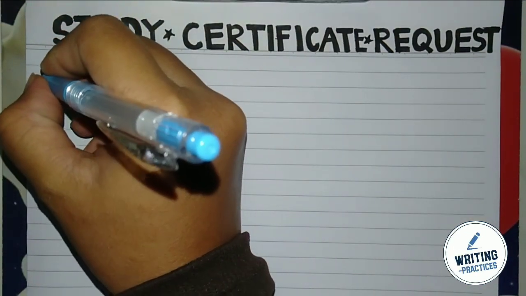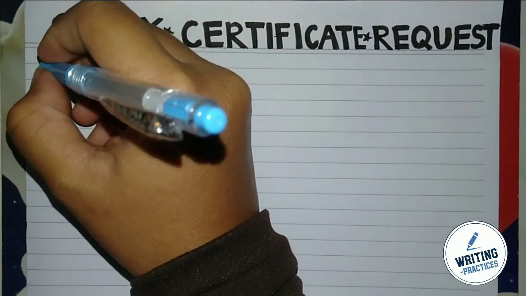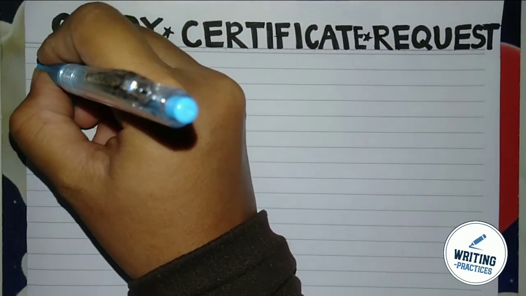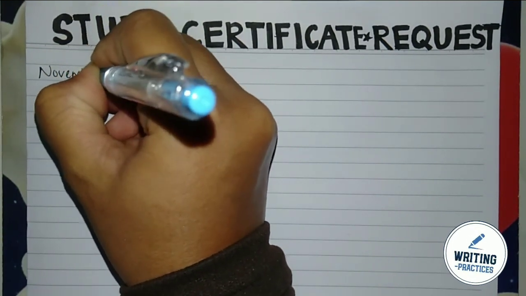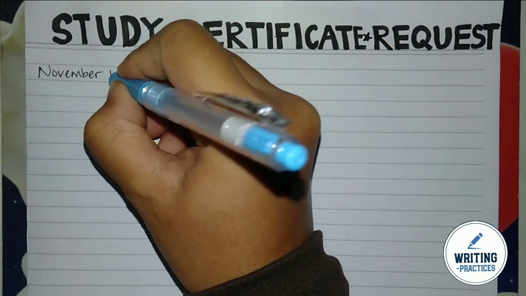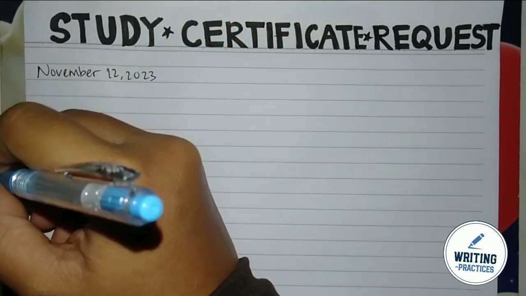Today, we are going to learn how to write a study certificate request letter. What is a study certificate request letter? A study certificate request letter is a formal written document in which an individual, typically a student, requests an official certificate or letter from an educational institution.